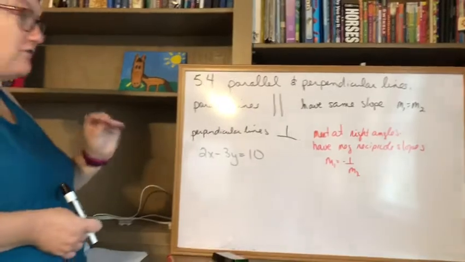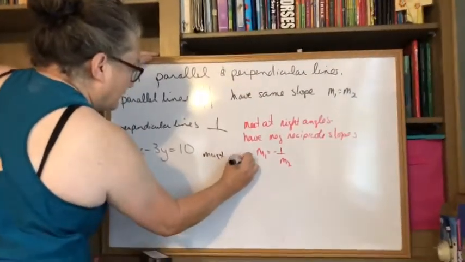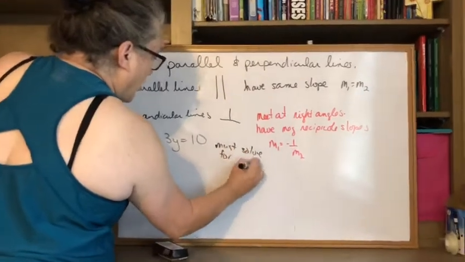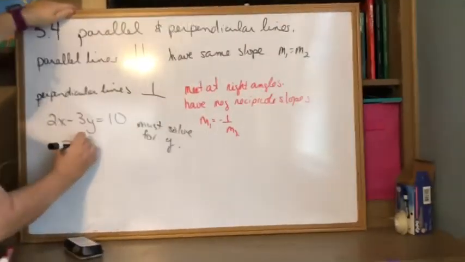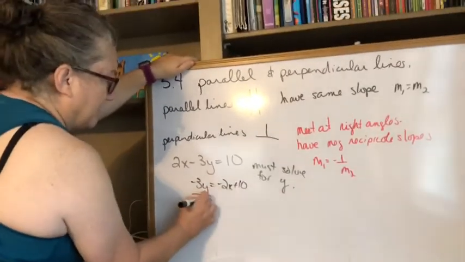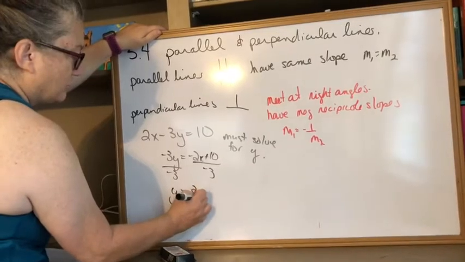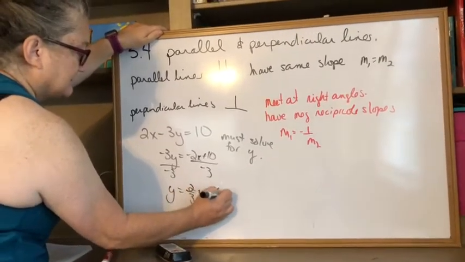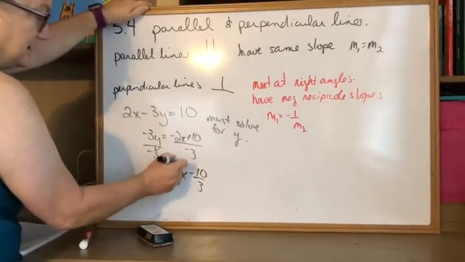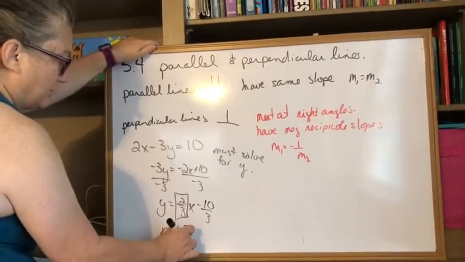So we have to solve for y first. Negative 3y equals negative 2x plus 10, divided by negative 3. y equals 2/3 x minus 10/3. And here is our slope: m equals 2/3.